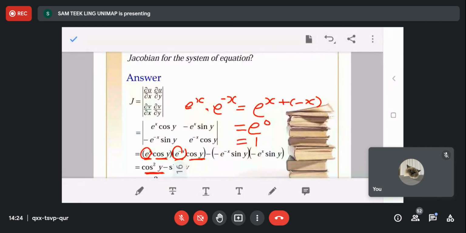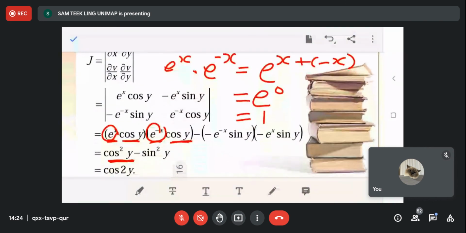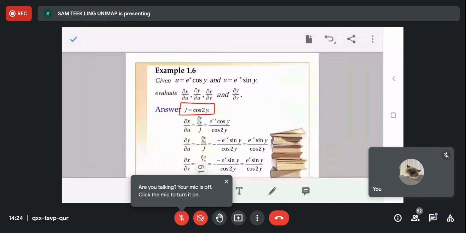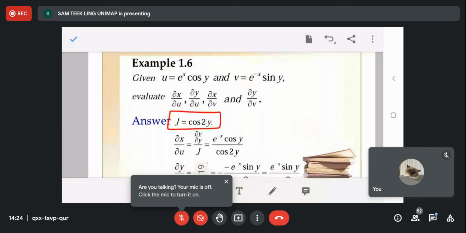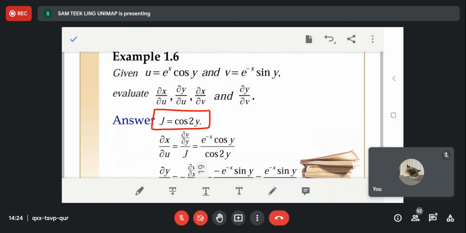So you find your J, and we got this cos 2y. So we apply this one directly. You can see same. Example 1.6. So this Jacobian is the formula. Example 1.5, we calculated already. Now we apply our J.